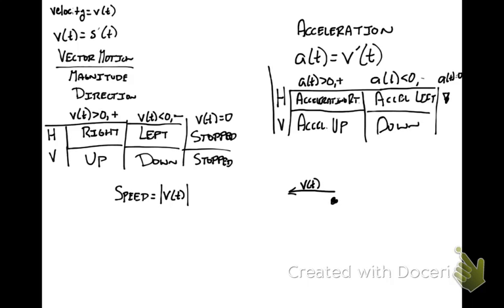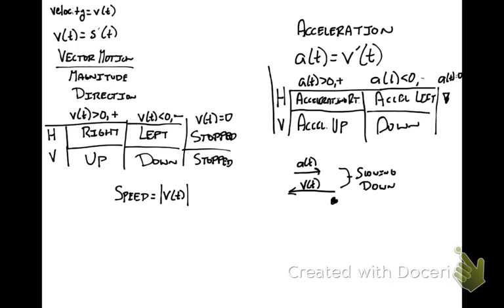But the object could have acceleration in the opposite direction. And in this scenario, when your velocity is in one direction and your acceleration is in the opposite direction, you are slowing down, because the acceleration is working against the velocity.